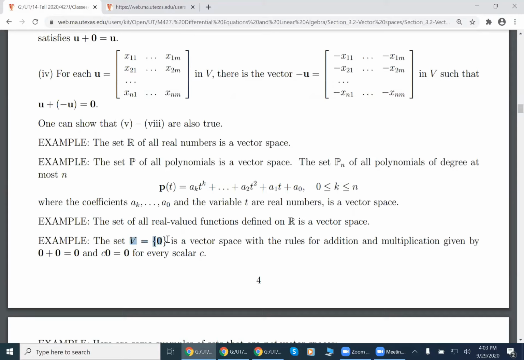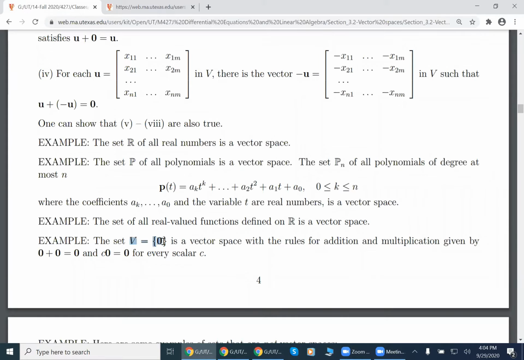As a particular case of this example, we can consider a set that consists of just one element, the real number 0. You cannot replace the real number 0 by the real number 1. If instead of boldface 0 you have 1, this is not a vector space because there is no 0, one of the reasons.